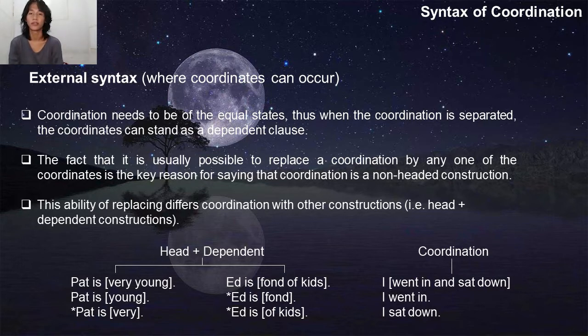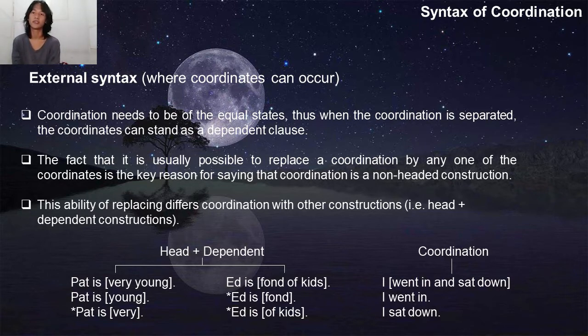The fact that it is usually replaceable by any one of the coordinates is also the reason why coordination is called a non-headed construction, because of the ability to stand alone when they are separated.